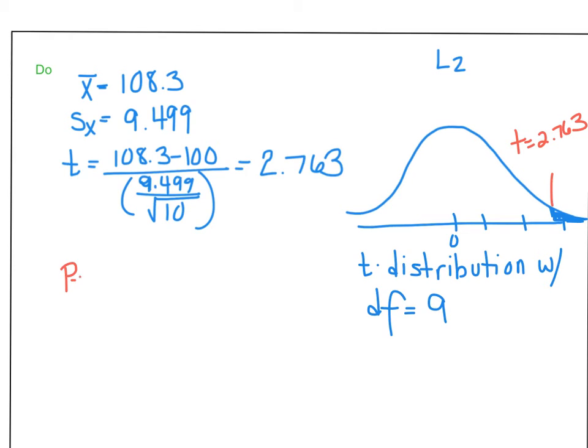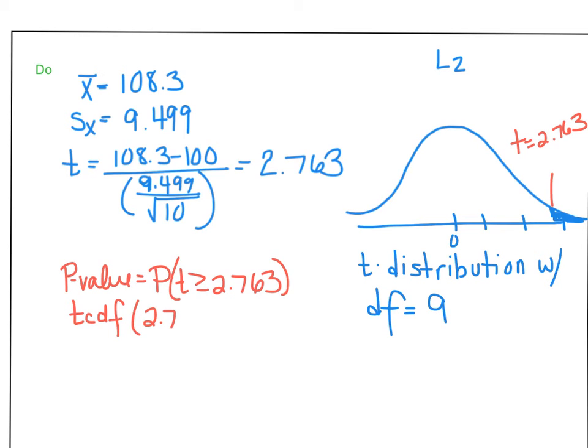I want to know my p-value. So my p-value is going to be the chance of getting another sample of 10 teachers having that mean or higher. So the p-value is equal to the probability that t is greater than or equal to 2.763. It's kind of looking rather rare at the moment, but we're going to see how rare it really is. So I'm going to do tcdf.